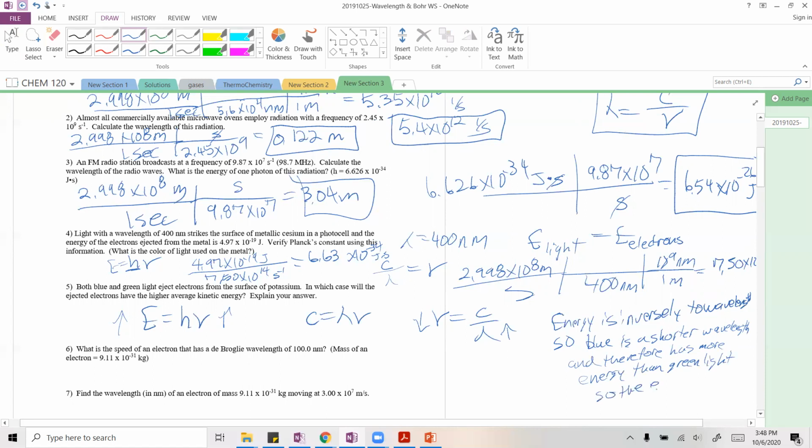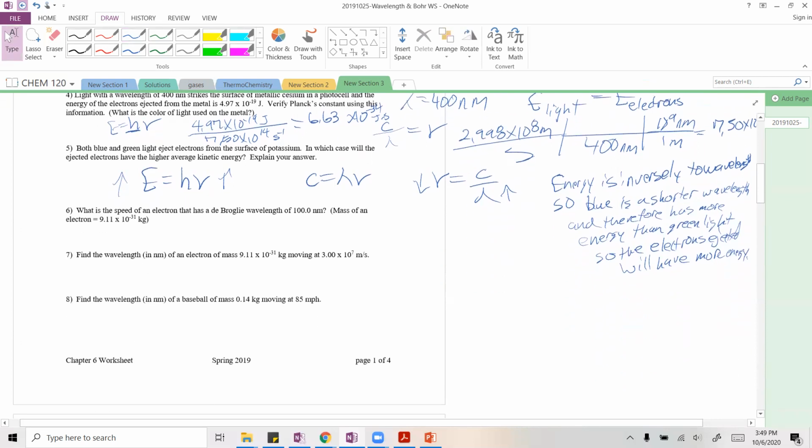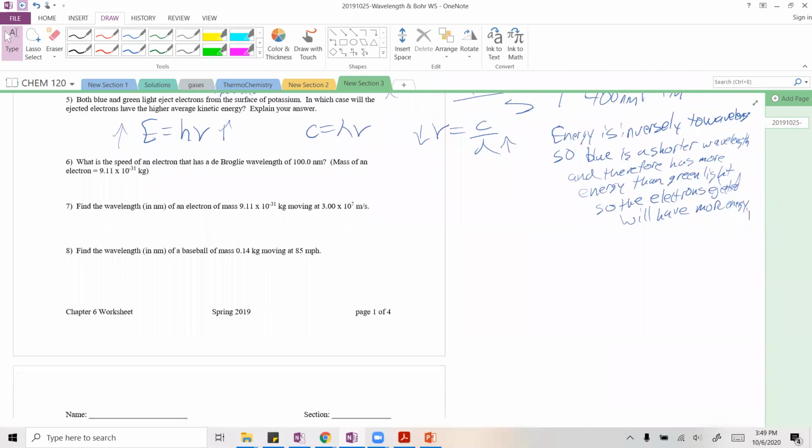So the electrons ejected will also have more energy. You could also solve for them and find the energy at the blue, which is about 400, and green, which is about 550, and you could plug those in there as well.